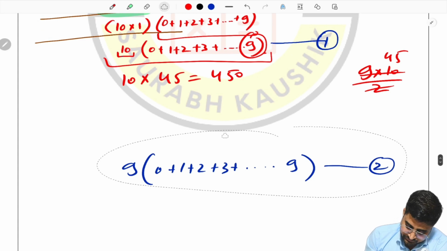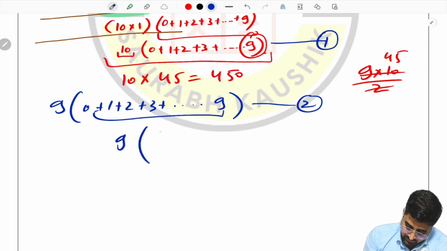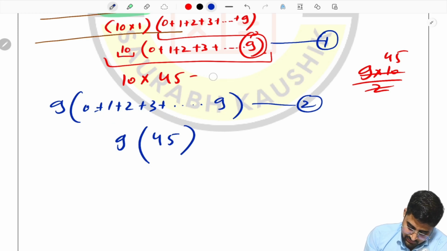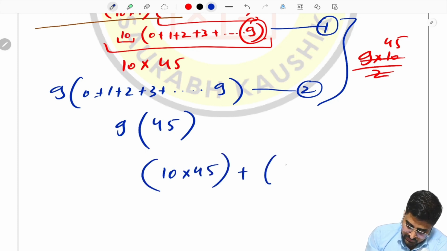Now let's talk about the second one. 9 into 45. Let it be like this only, otherwise it will get common. Okay, so add both of them because we have to add them. 10 into 45 plus 9 into 45.